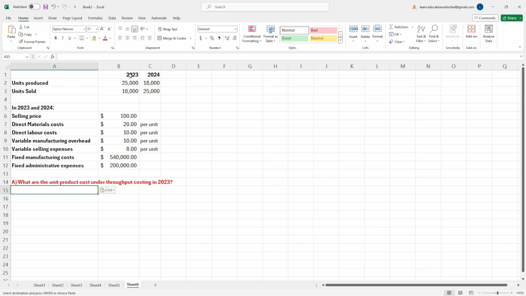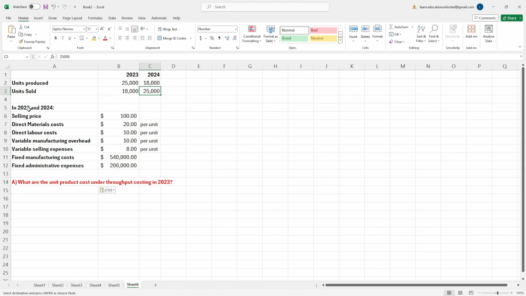So we are given 2 years, 2023 and 2024, units produced and sold. For 2023, we have 25,000 units produced, and units sold, we have 18,000. And 2024, it's the exact opposite, where we have 18,000 units produced and 25,000 units sold.